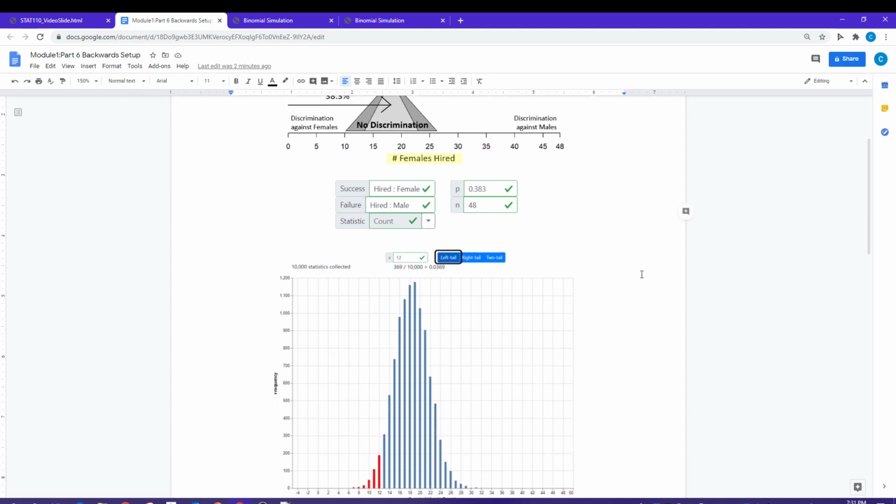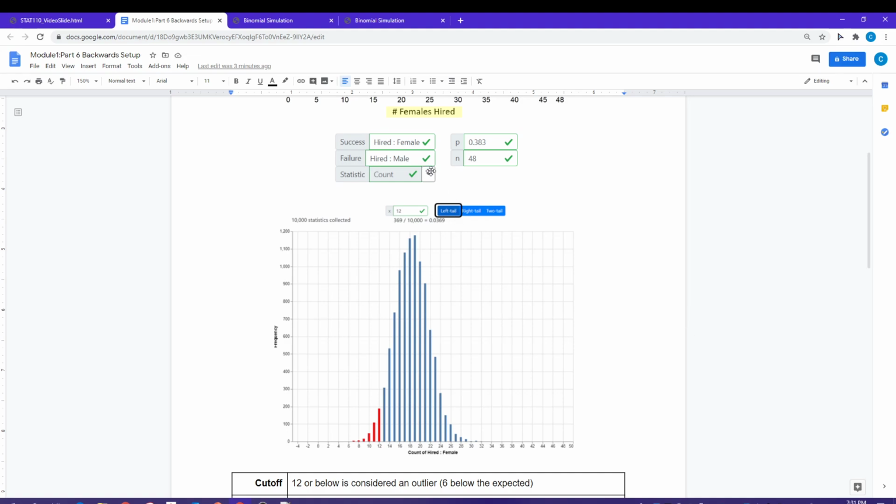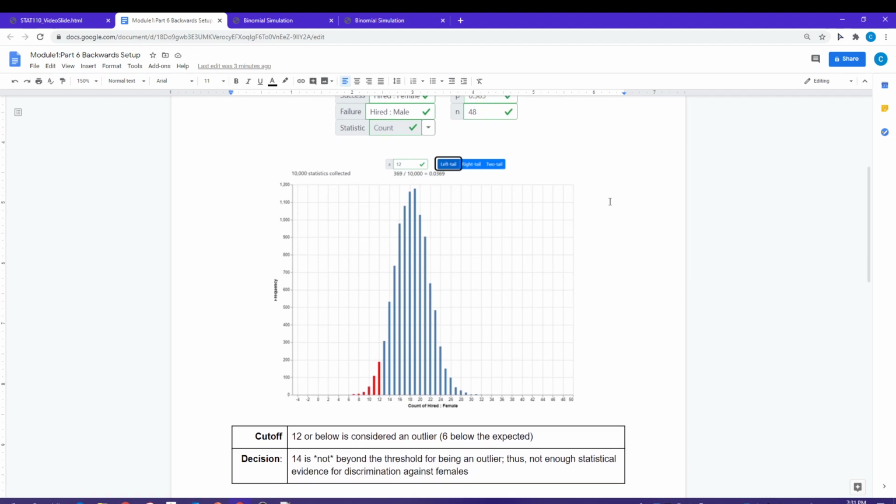So in setting up our reference distribution, what we had done is labeled a success as hired female, a failure as a hired male. The 38.3% is the probability of success, that a female would have been hired, and I had 48 trials. The cutoff value that we ended up determining from our reference distribution was 12.